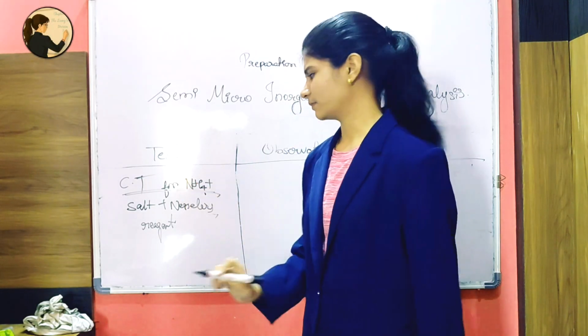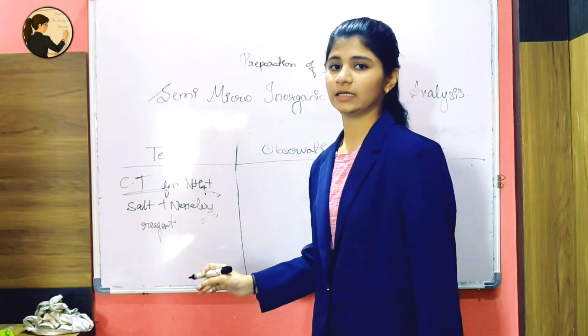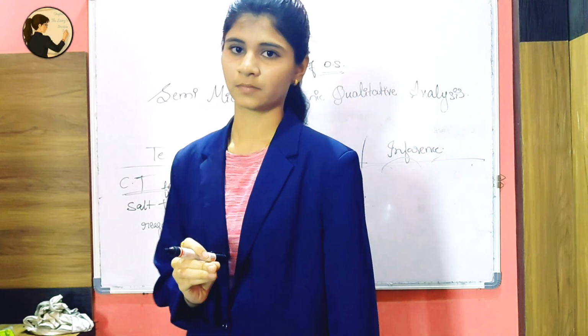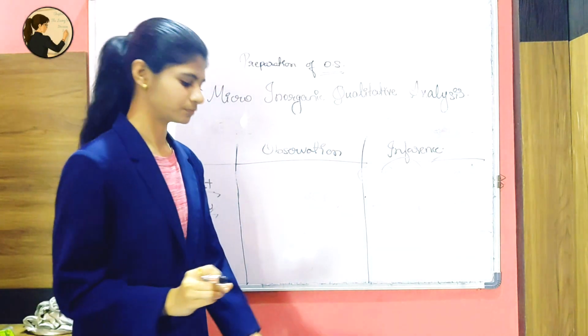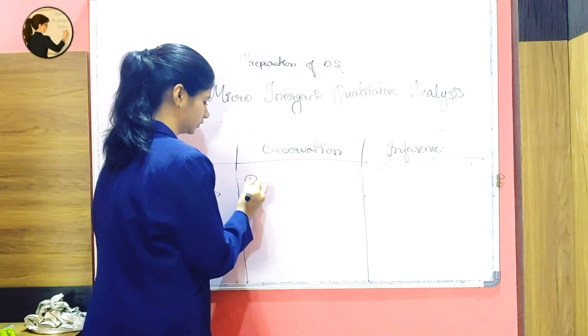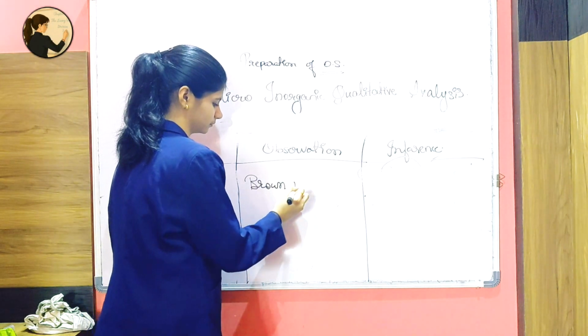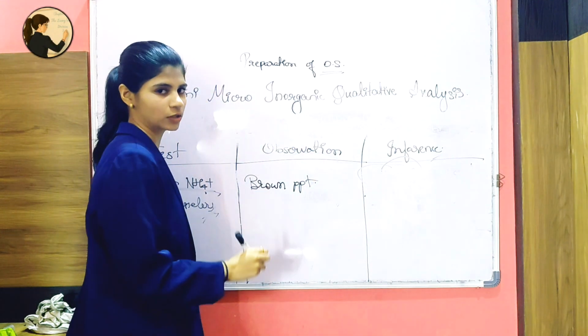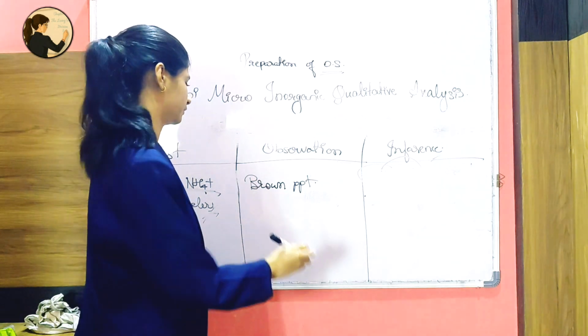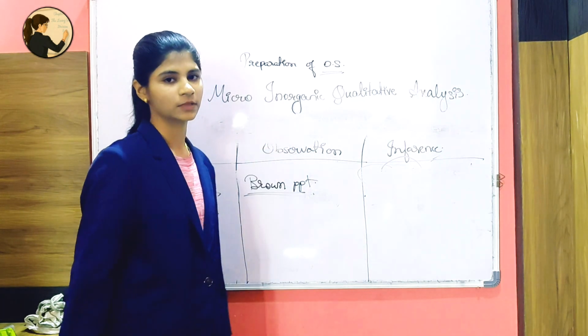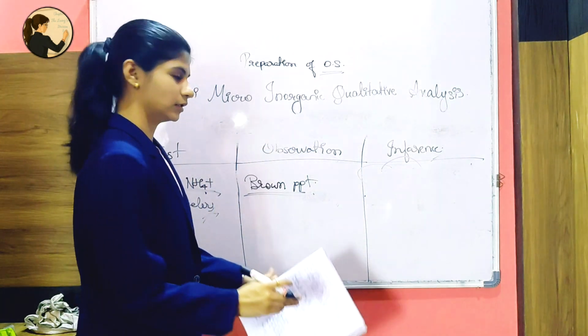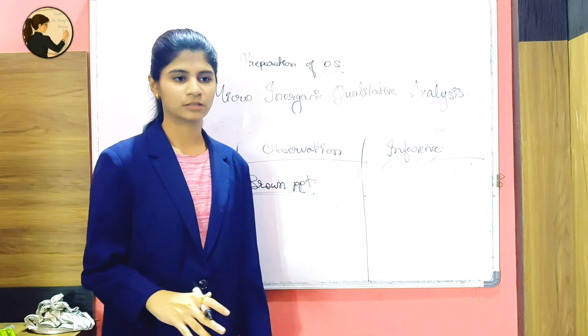Keep only one thing in mind, that Nessler's reagent is brown color, biscuit color. So you will get a brown precipitate. If you add salt plus Nessler's reagent, definitely you are going to get a brown precipitate, 100%. See how to remember which color, which reagent.